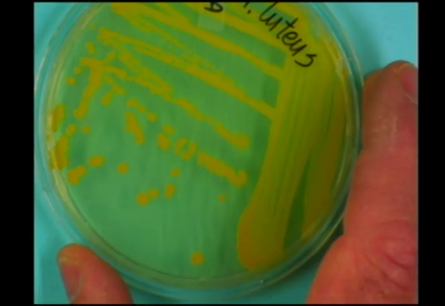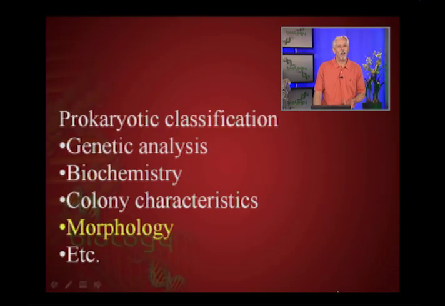There are a number of properties we can look at in terms of colony morphology that will tell us what type of organism we're dealing with. So sometimes we don't even look at the bacteria, we just look at their biochemical characteristics and classify them accordingly, or just look at their genetic makeup, quite honestly. Morphology is utilized in classifying prokaryotes, but it's just not as useful because they are so tiny.